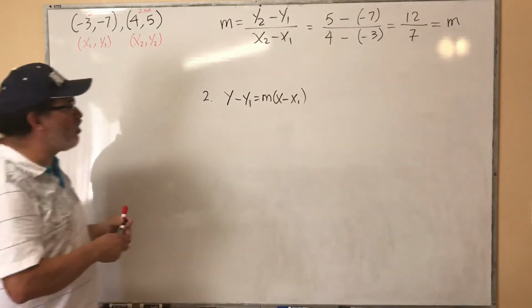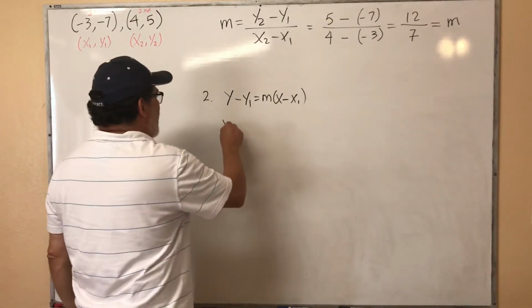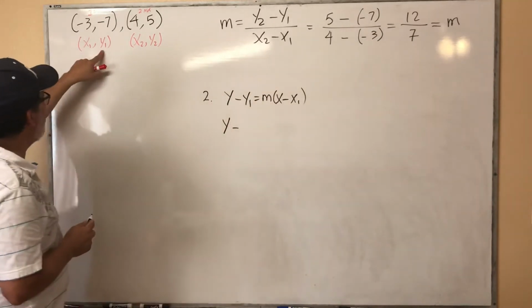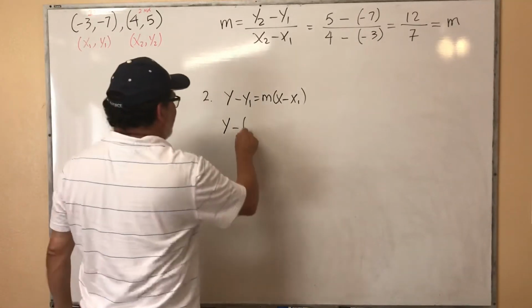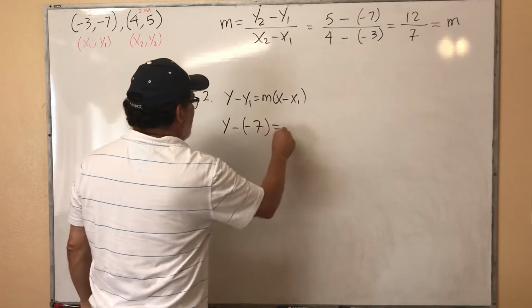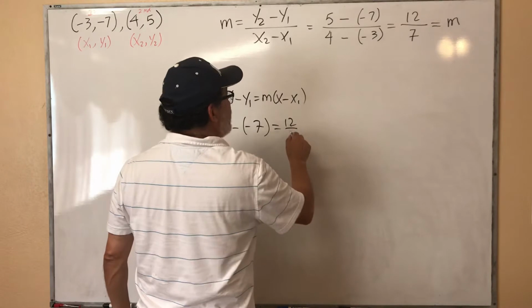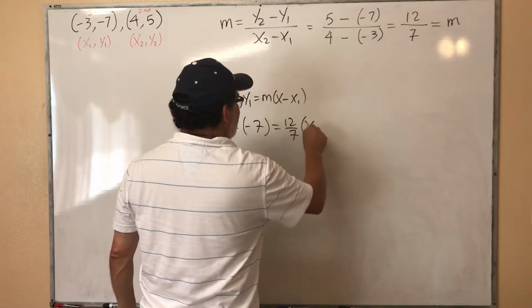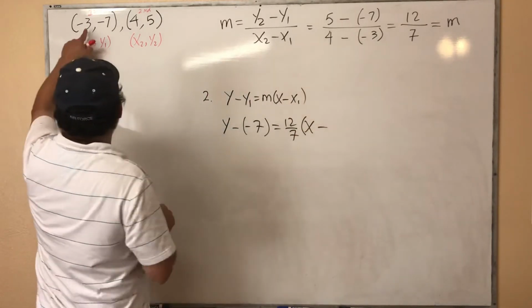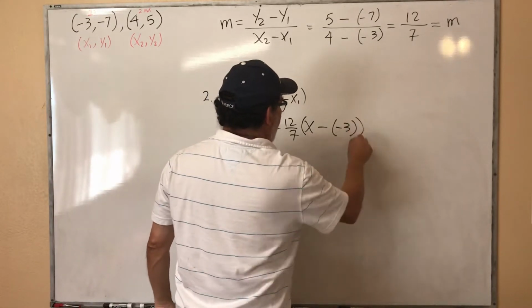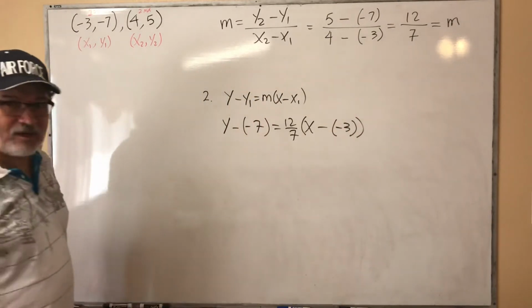So according to the formula, it says y minus y1, minus -7, equals m. What is m? 12 over 7 times x minus x1, minus -3. Okay.